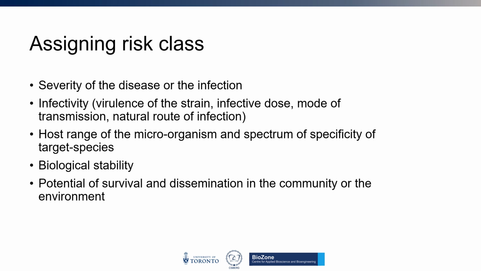What's the biological stability? Is there potential for your organism to mutate heavily, or to change in some significant way at a biological level and at a DNA level? And also, what's the potential for survival and dissemination in the community or the environment?